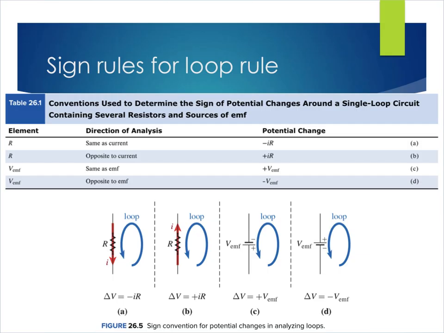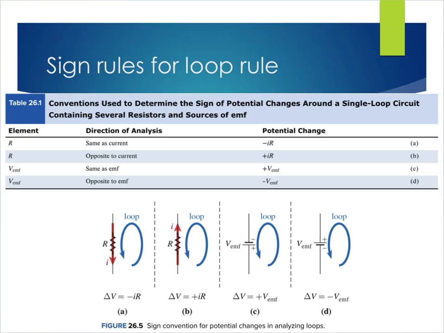Things get a little bit more confusing when we talk about the loop rule because there's rules for us to figure out whether we are going to get a potential gain or loss as we go through an element in the circuit. Let's start with the simpler case of just looking at the battery.